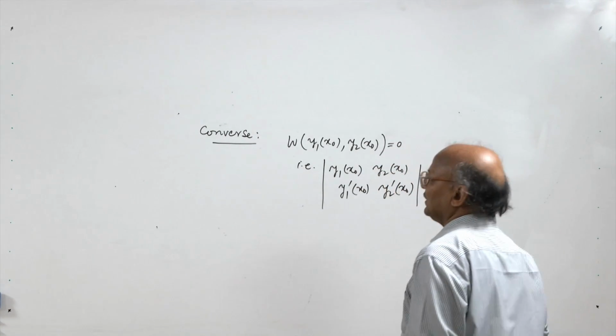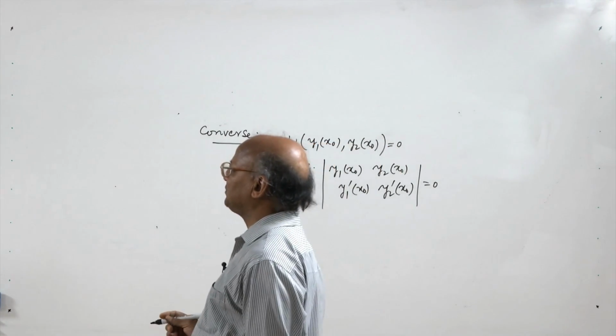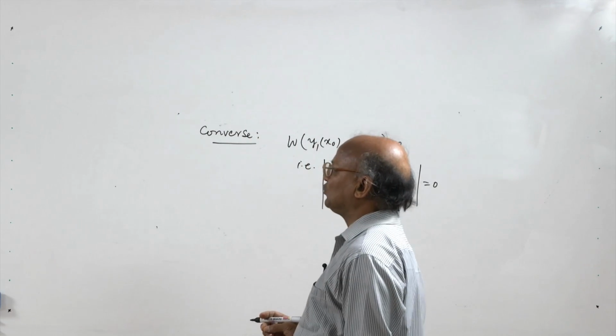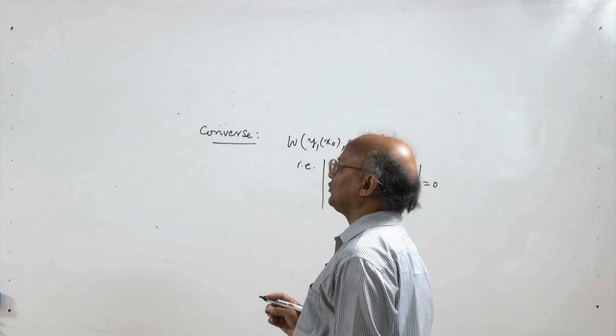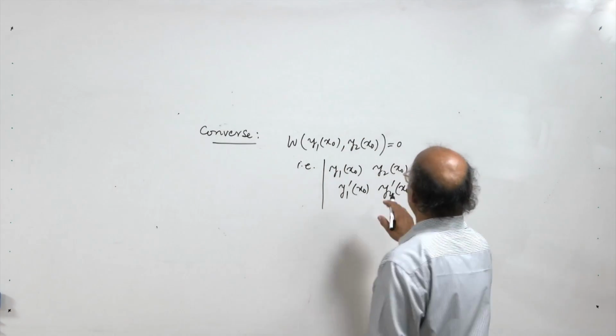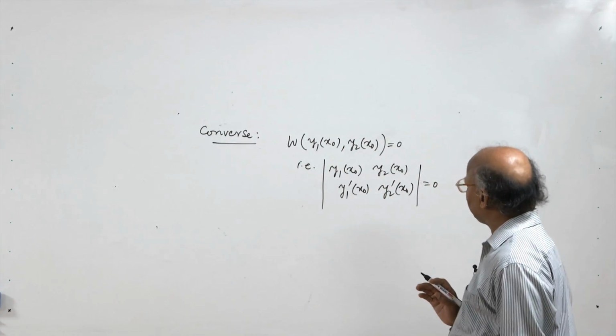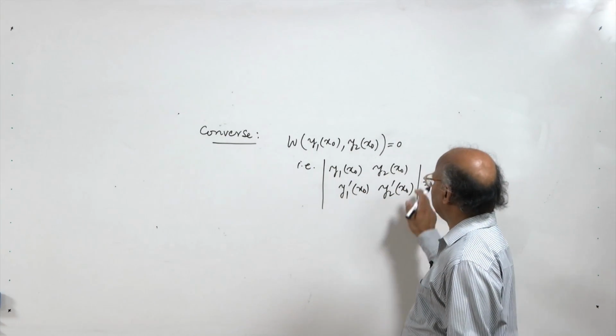We are given that the two solutions y1 and y2 of equation 2 are such that the Wronskian W is 0 for some x equal to x naught. So from that we have this determinant equal to 0.